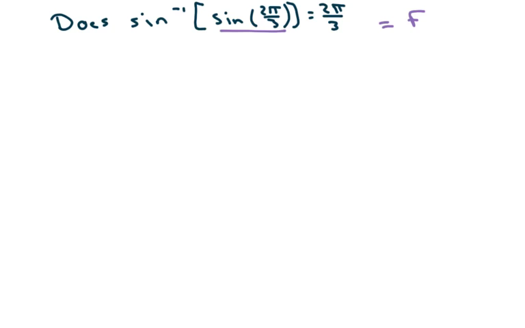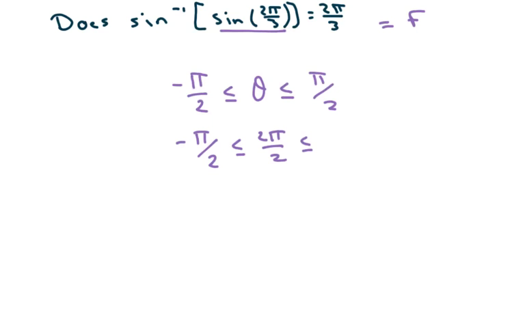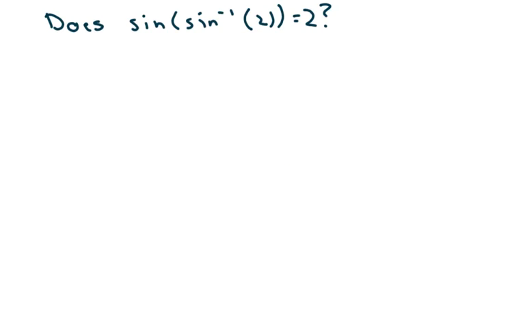And the way you would write that is, here's our restricted domain, and 2 pi over 3 is not in between in our restricted domain. So this would be a false. So you can look at the table, or you can just look at your restricted domain.